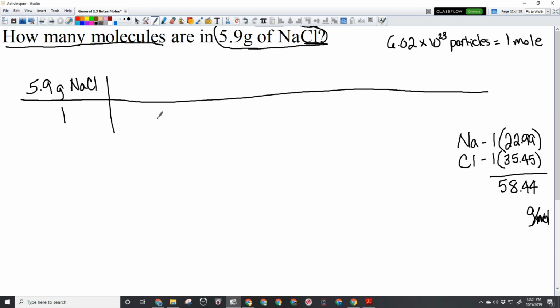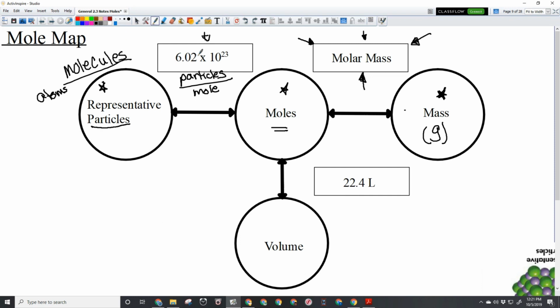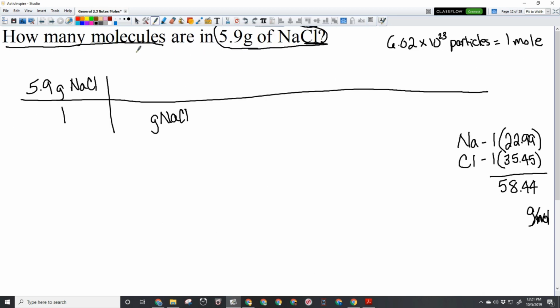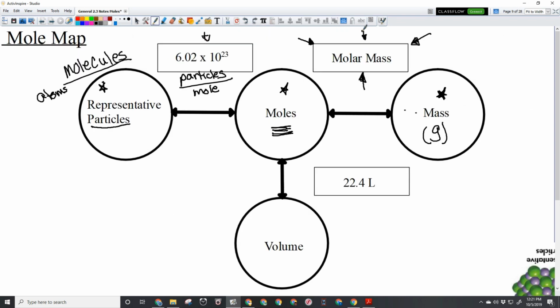So what do we want to get rid of? Grams of NaCl. What are we going to convert it to first? Grams to what? Moles. So this tells you what to put on top here: moles. Let's look at our conversion factors. Which one are we going to use? Our mole map tells us we're going to use molar mass.